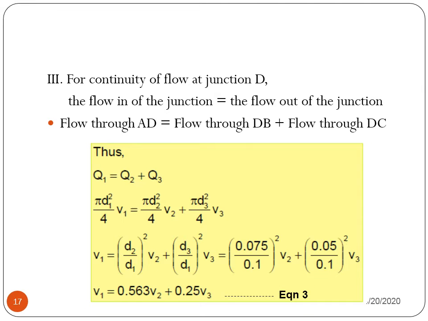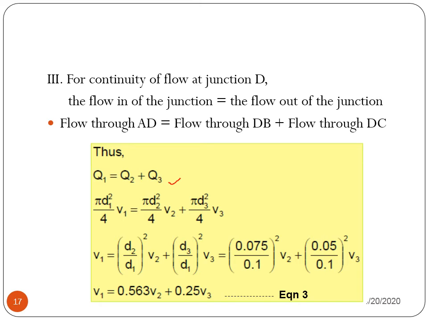Okay, the third equation will be the continuity equation. So we will apply the continuity equation: Q1 equals Q2 plus Q3. Expanding the equation in terms of AV, and then you expand A in terms of pi d squared over 4.